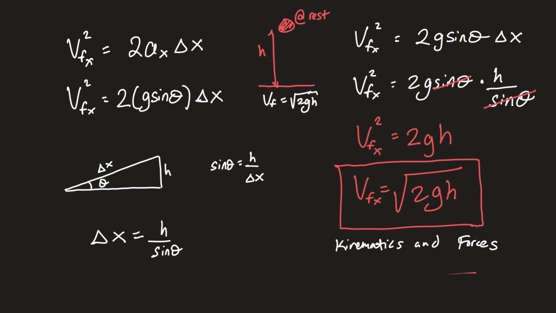And you can prove that just using the third equation of motion, like we've done before, with our acceleration being g straight down, and then our vertical displacement would be h, and you could plug that in and produce the same result. So that's pretty incredible that regardless of if you drop something from some height h or you let it go down a ramp that also has the same height h, and the angle of the ramp could be different, you're still going to get the same final speed at the bottom of the ramp.